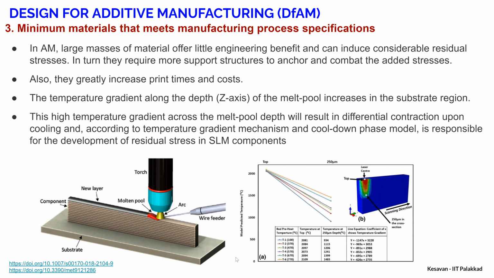If you are designing a bulk component, you will end up depositing material in one direction. Heavy deposition will take place in one direction, right? So what will happen if I deposit a heavy material in one direction? I'm giving a lot of heat input into that direction. If I give a lot of heat input, you see here on the right hand side, I may end up introducing a lot of stresses into the material.